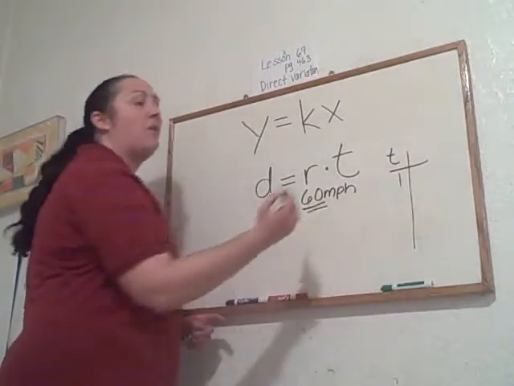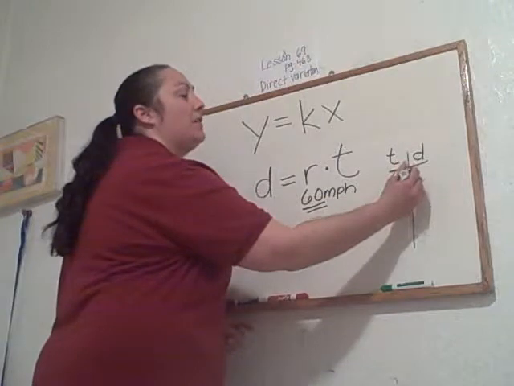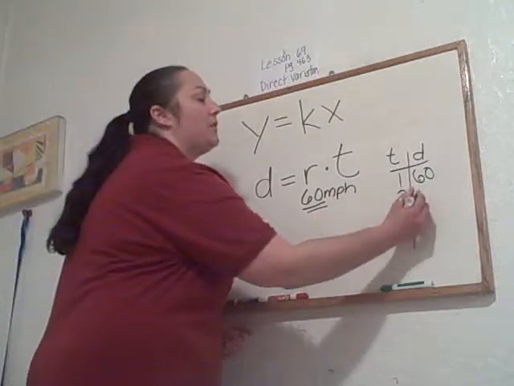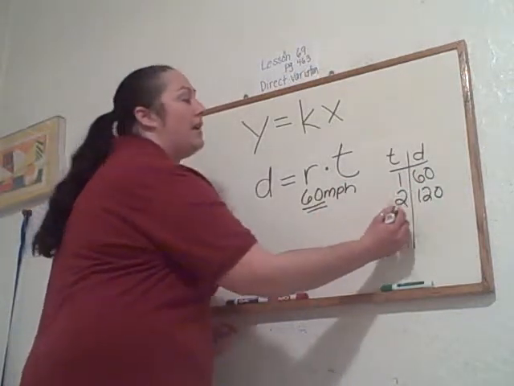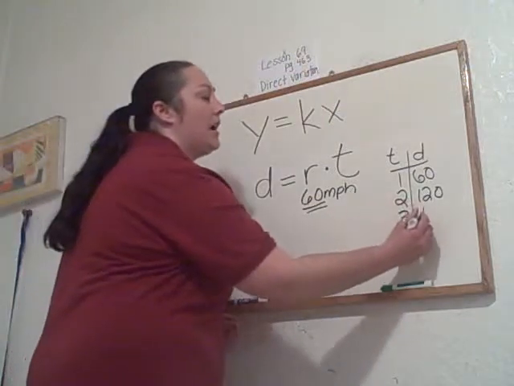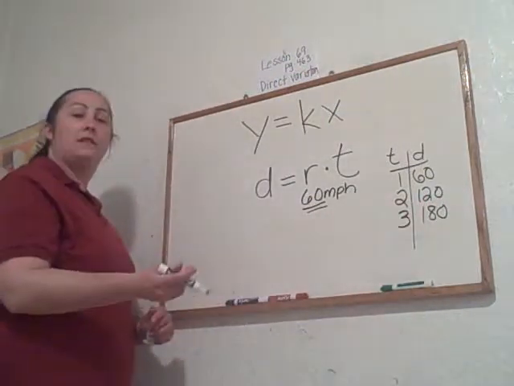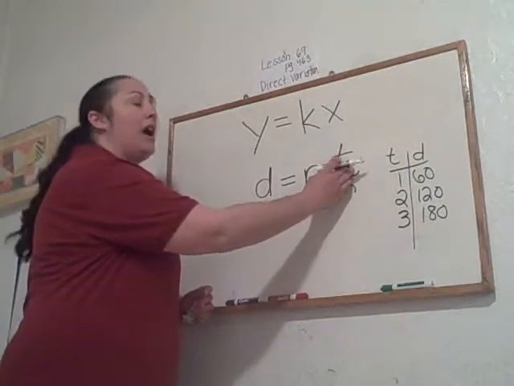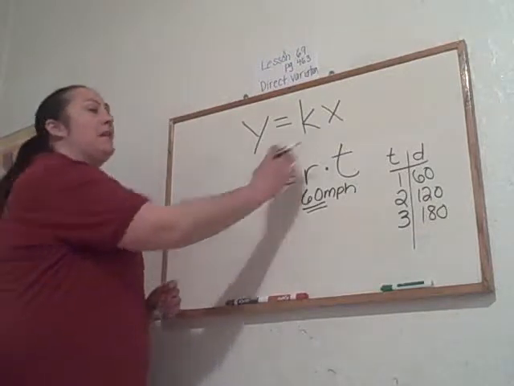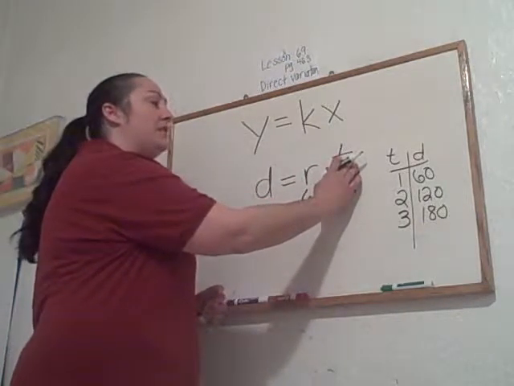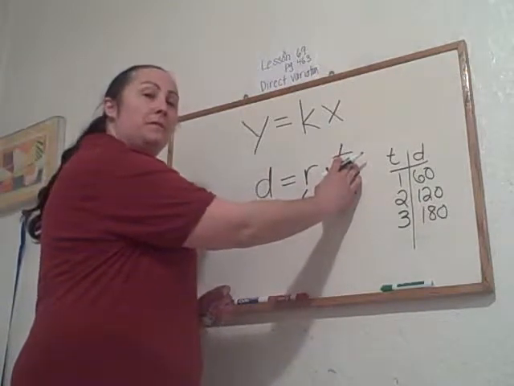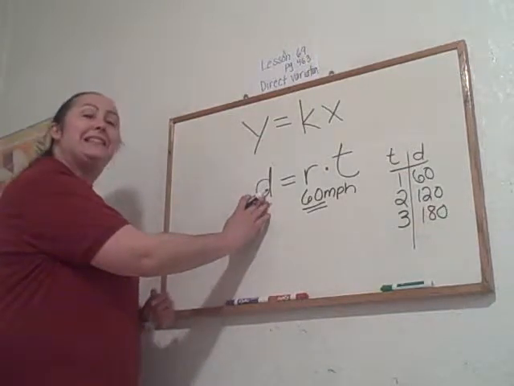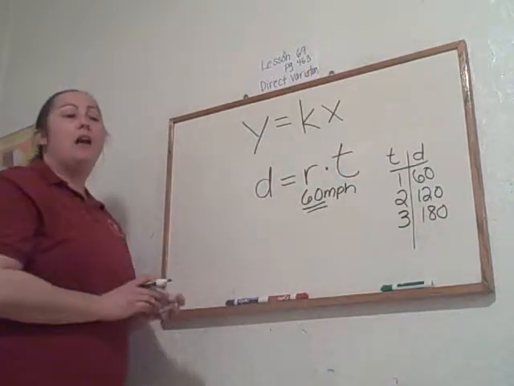If I traveled 1 hour, then I would cover 60 miles. If I traveled 2 hours, then I would cover 120 miles. If I traveled 3 hours, I would cover 180 miles, and so on. It would depend on how much time I traveled to how much distance I covered. The t in this equation is my independent variable, and the d is my dependent variable, because the distance depends on how much time I've spent traveling.